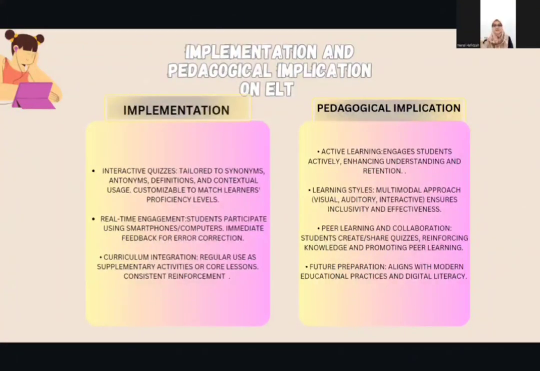Third is to encourage peer learning and collaboration, because when they create and share their own quizzes, they need a comprehensive understanding of vocabulary. The fourth is integrating Kahoot into the ESL curriculum, whereby teachers can analyze the results, identify areas that need additional support, and adjust the instructional methods. Moving to the next slides.